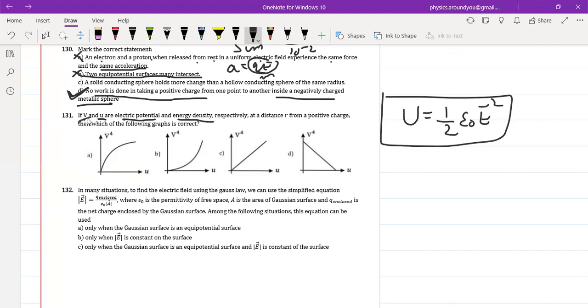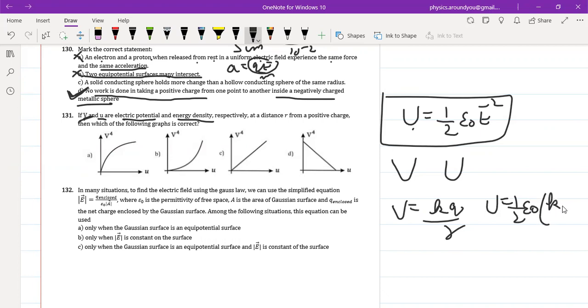They're asking for the plot between V and U. So V is, we know, kq by r. What is U? U is half epsilon naught E square, where E is kq by r square, whole square. And they're asking V power 4, so I will put V power 4 also.